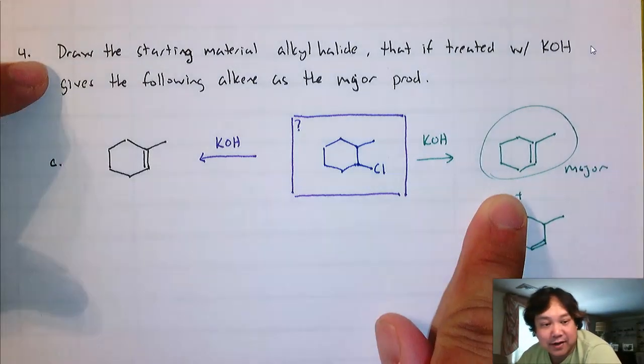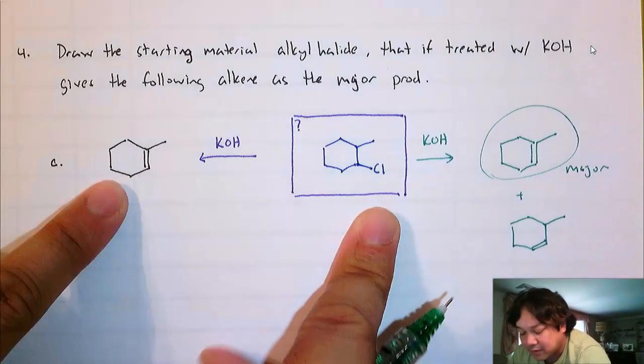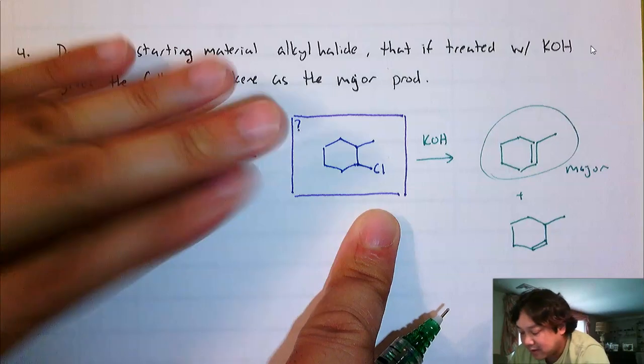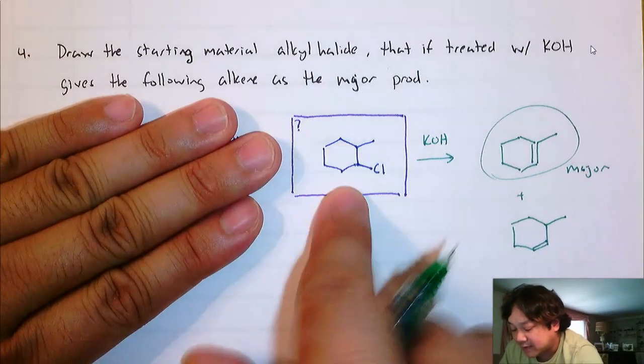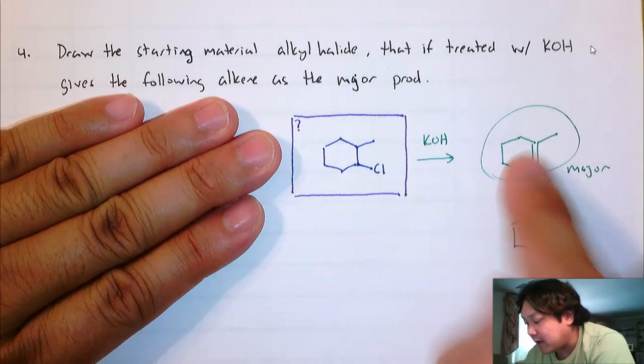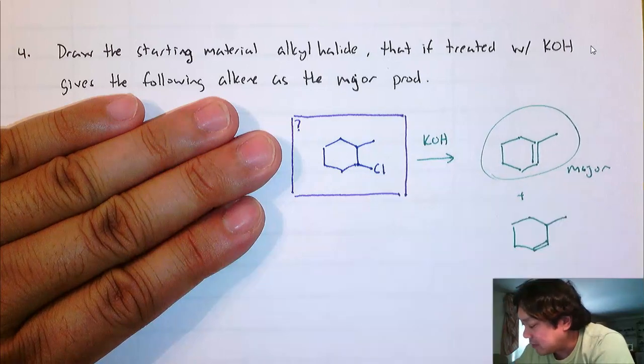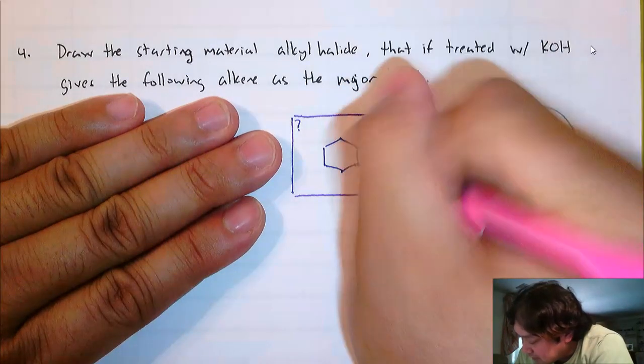I think we've satisfied the requirements. So forget about the alkene that they want us to make. My proposed alkyl halide is this, and I give it to a classmate and I say, can you double check what kind of alkenes I make when I have these two react with each other? Well, they're going to say, well, this is a beta and this is a beta.